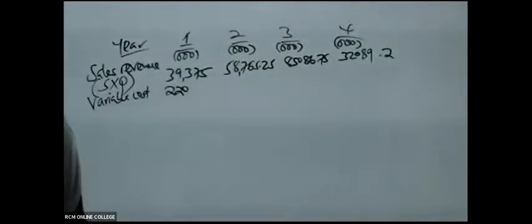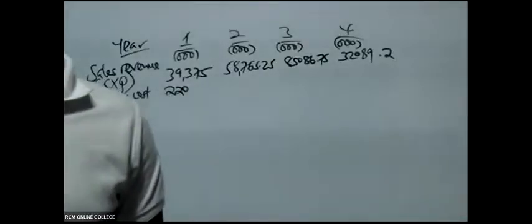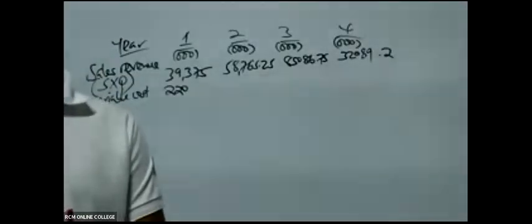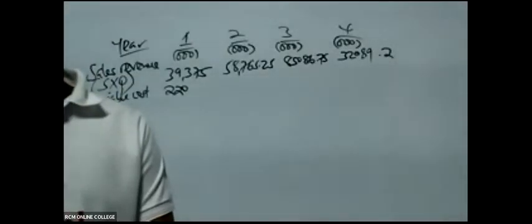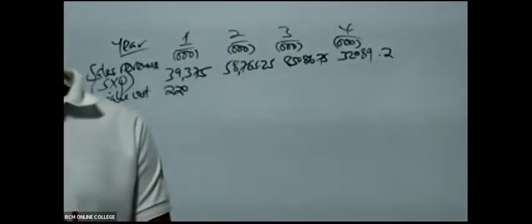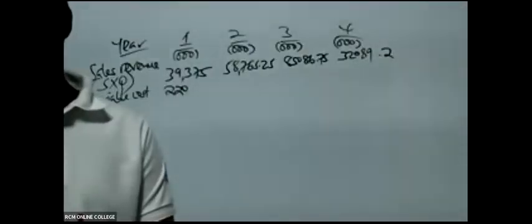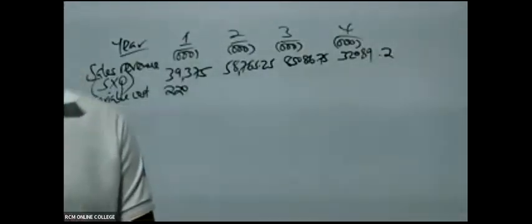Why are people getting different? Is it 220? Rounding off. 220.45.